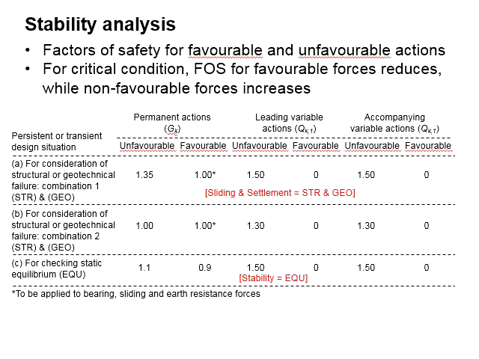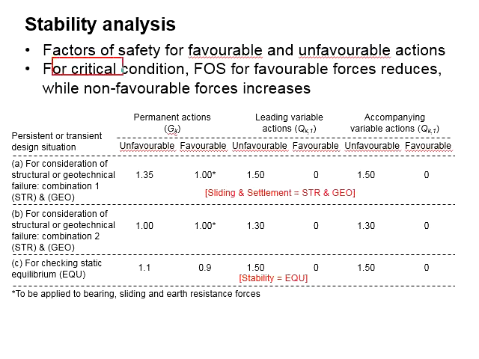This leads to our next topic about the factor of safety. As there are favorable and unfavorable actions, applying the factor of safety of 1.35 GK and 1.5 QK across the board will not give you the most critical situations.